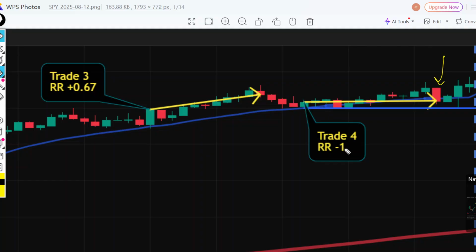I have mentioned it as negative 1 RR, but actually it is a 0, because it has stayed in the positive territory from the place we entered. So I think I need to change this. We have not lost 1 R here. It is basically cost to cost. I will have to edit this in our tracker.